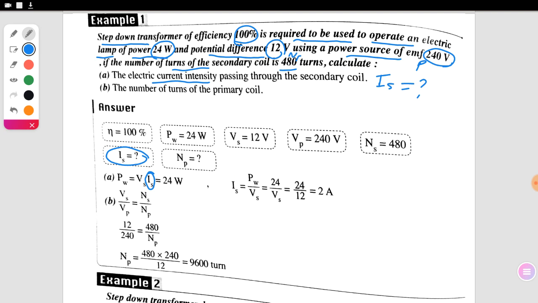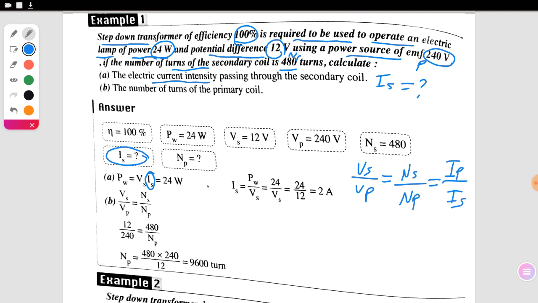Vs over Vp equals Ns over Np. From the following rule, Vs over Vp equals Ns over Np equals Ip over Is.